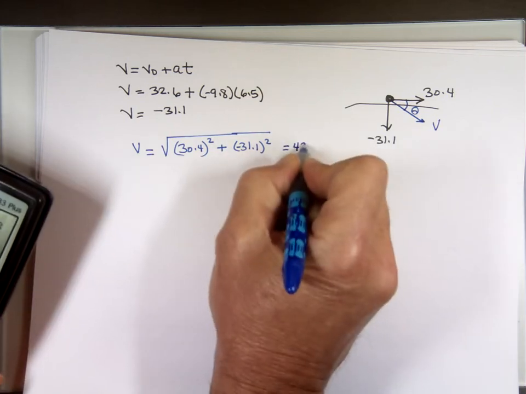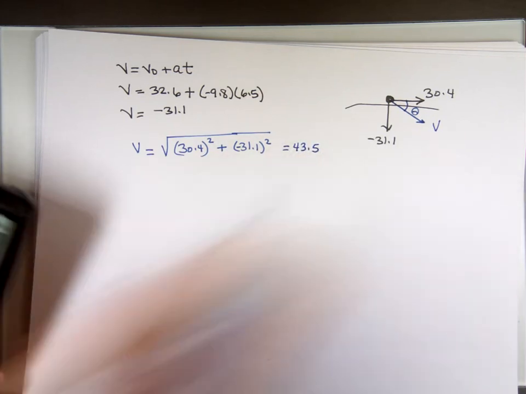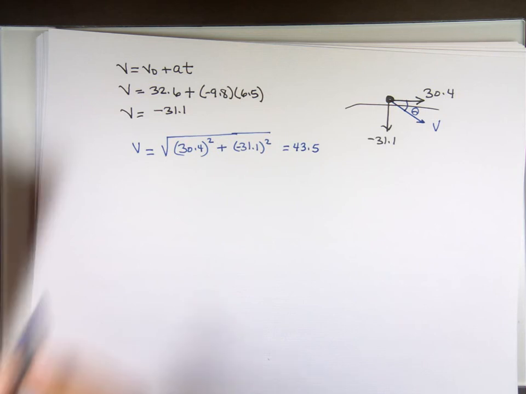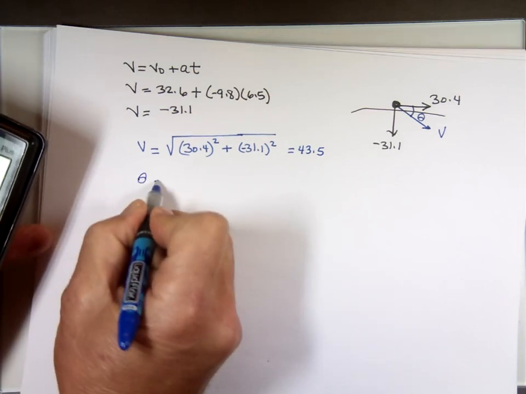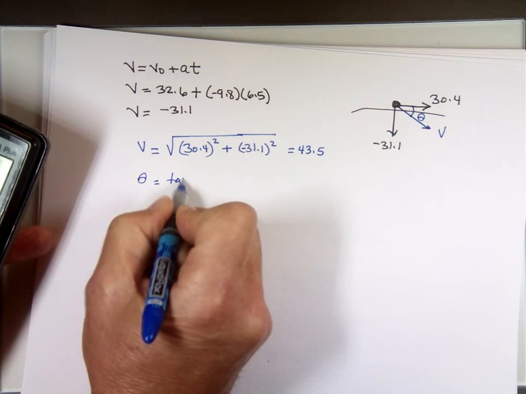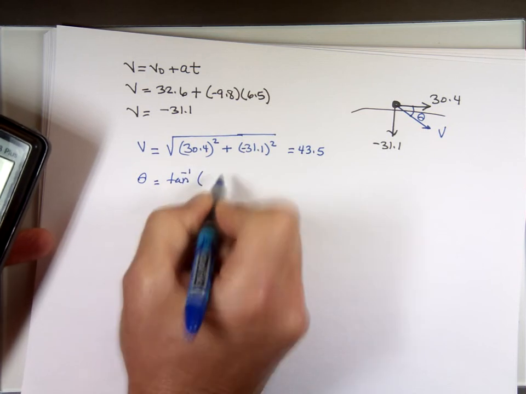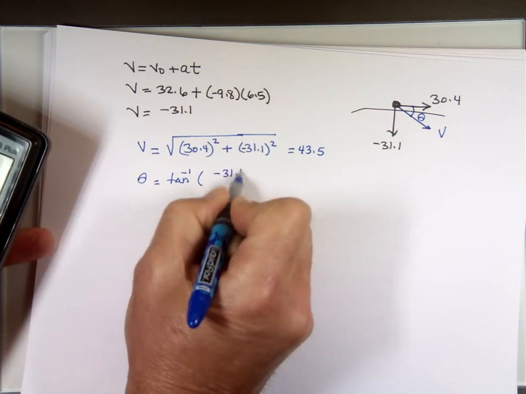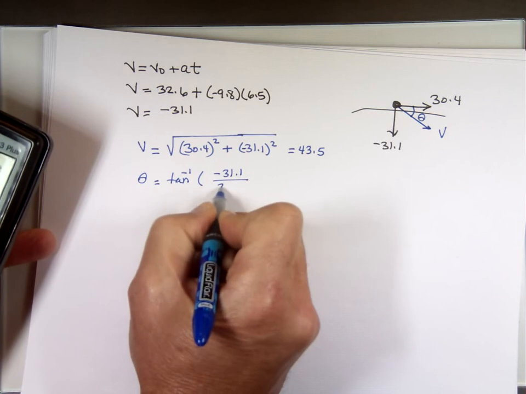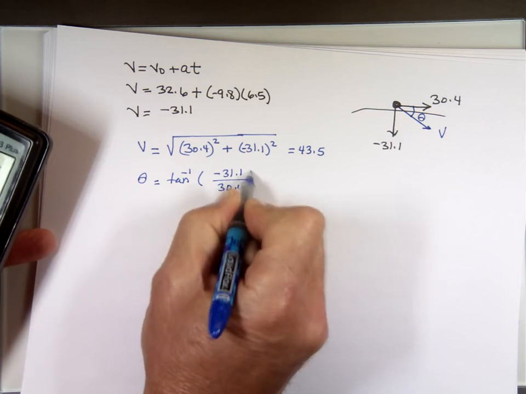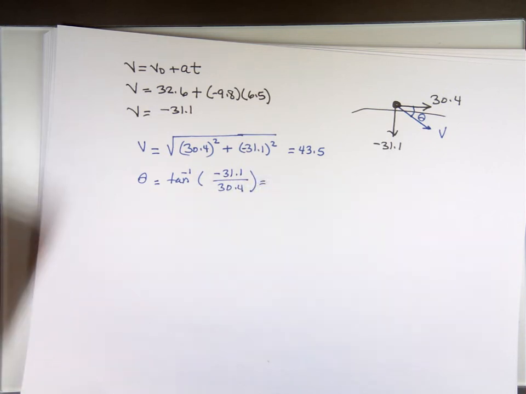And theta is the inverse tangent of the y value over the x value. Negative 45.7.